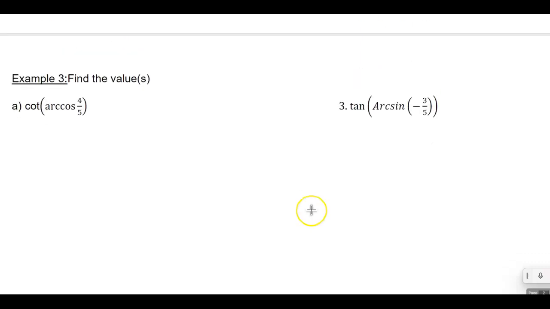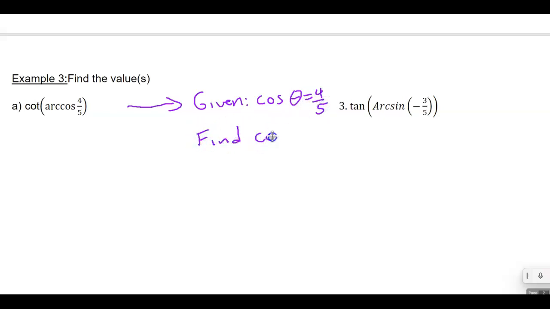All right. So last two, just as an example. Let's take a look at this. We have a very similar problem that you've done before. Let me rewrite this in a different way that you're familiar with. Okay. Given cosine of theta equals 4/5, find cotangent.